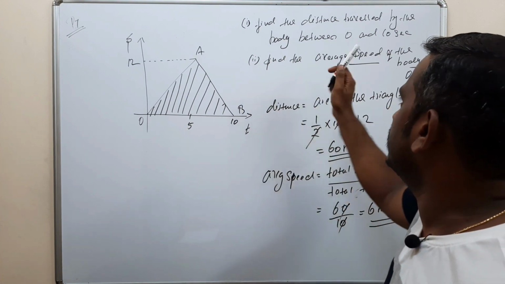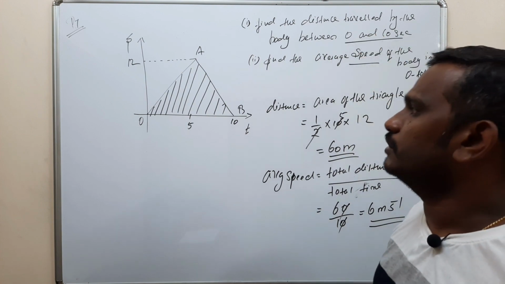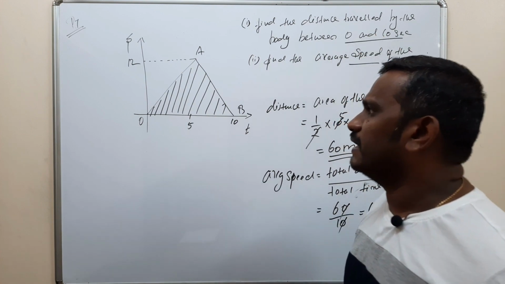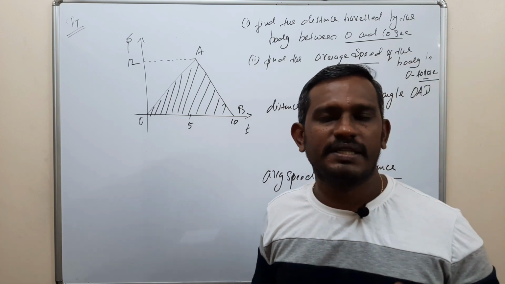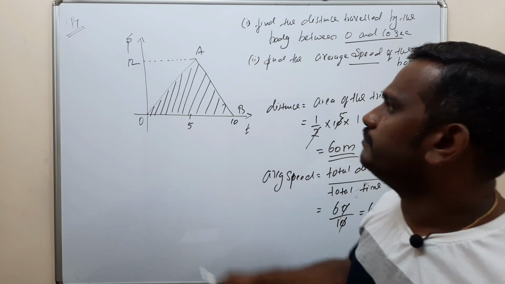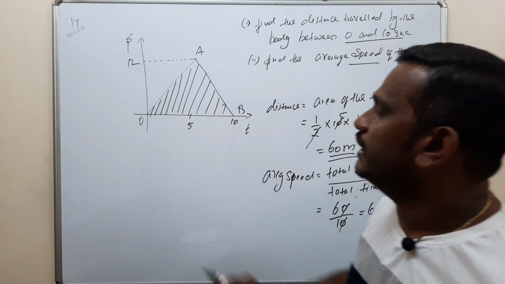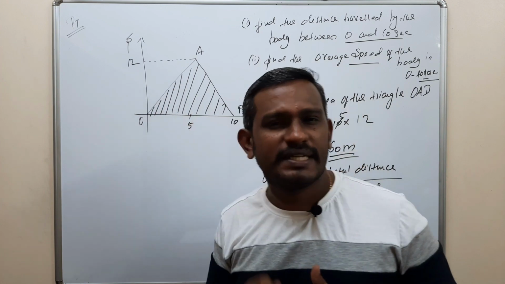So the speed time graph is given, and we have to find the distance traveled by the body between the time interval 0 to 10 seconds. So the area under the speed time graph gives the distance.